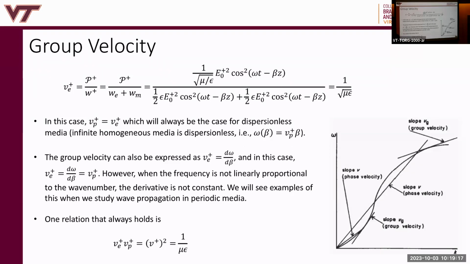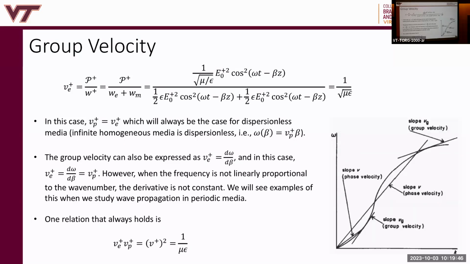In this book it's called the energy velocity, VE, but it's the group velocity. It is the ratio of the power to the energy stored, all right? So that's P over omega, WE plus WM. When I made these notes, I was trying to find a way to intuitively explain this power over energy thing and how that relates to a velocity. The units come out, but I didn't come up with some intuitive way to explain that to you guys.